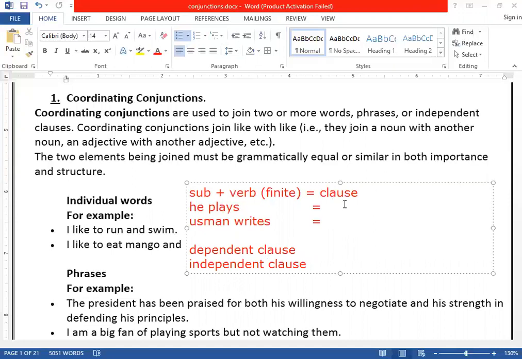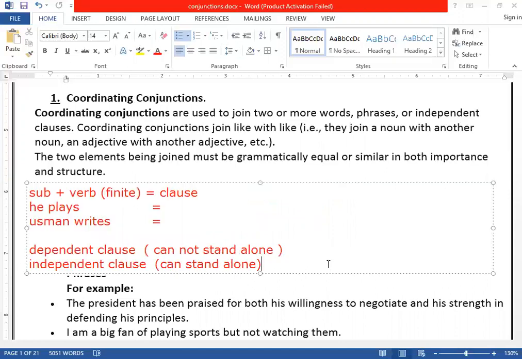What are dependent and independent clauses? A dependent clause, I can simply say, cannot stand alone. And an independent clause can stand alone. What I mean by cannot stand alone is that without an independent clause, it doesn't give meaning.